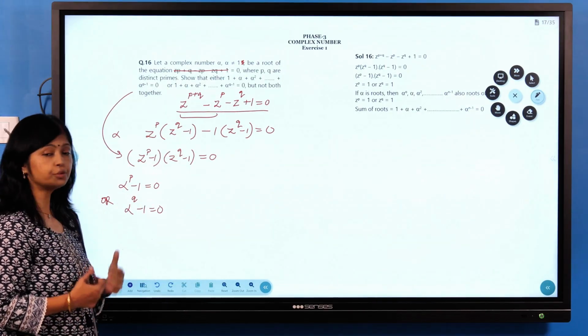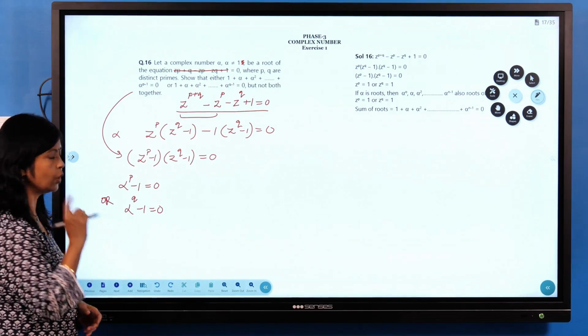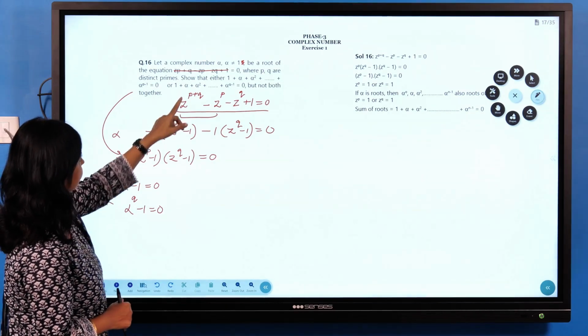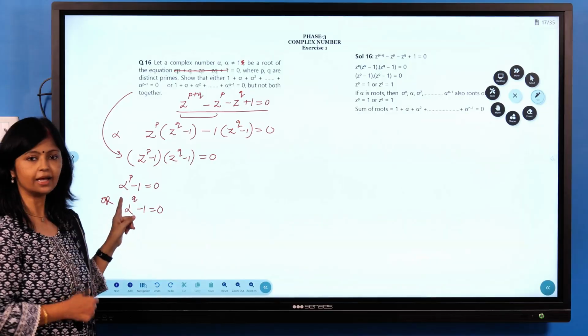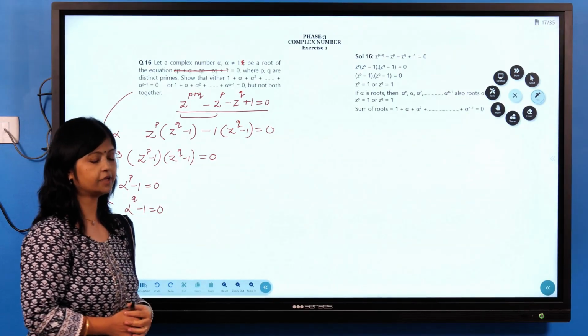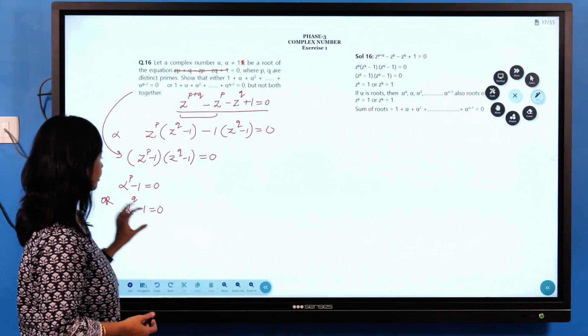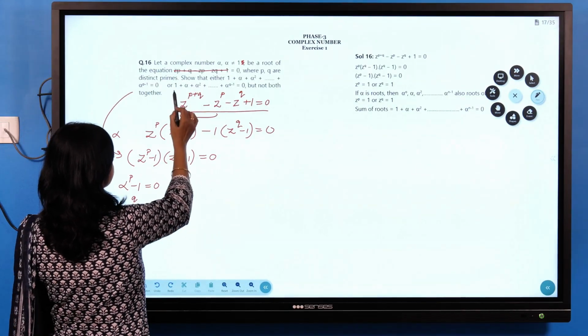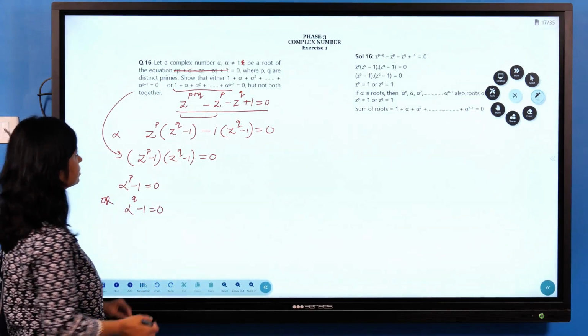Also, alpha is a qth root of unity. If you recall the nth root of unity funda, and also it is given that alpha is not equal to 1. So naturally, alpha equal to 1 is a trivial solution of these two. And if alpha is a complex root of this, then we already know from there, or we can just use GP and you'll come to the same conclusion.